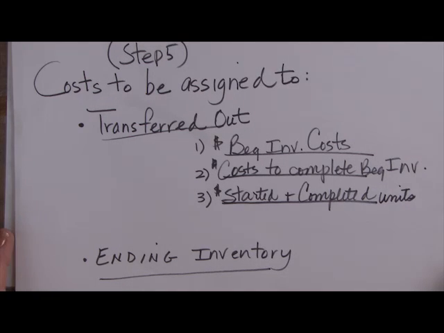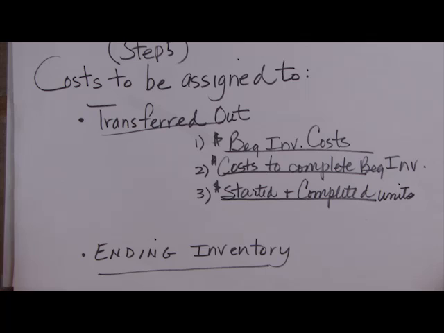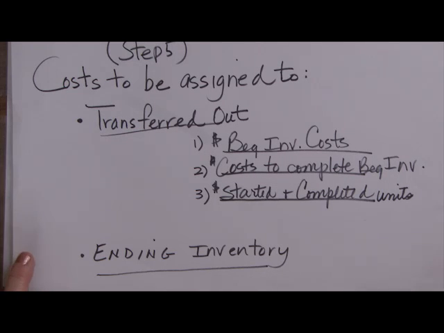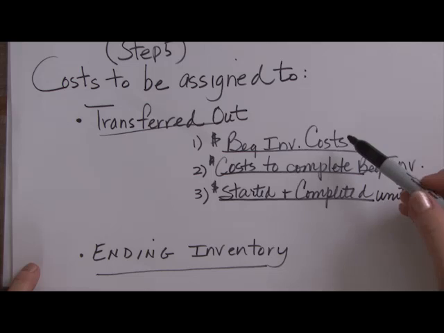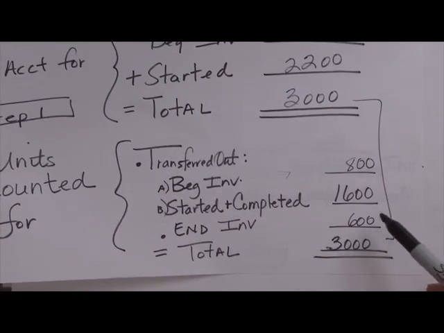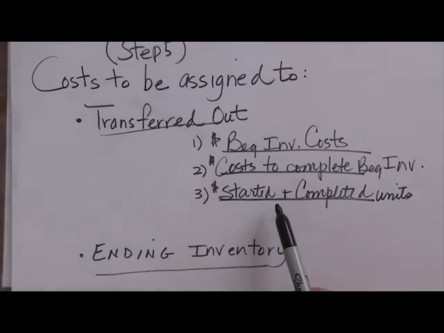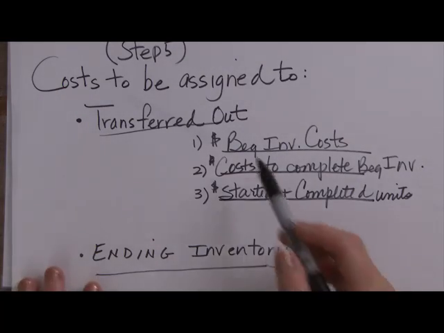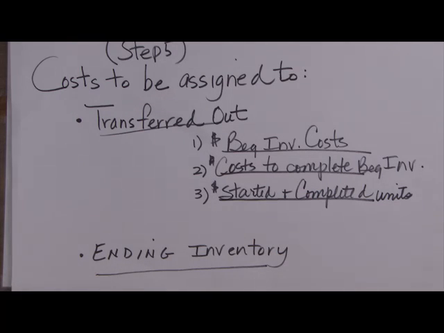So in essence, this is a bit more complex than weighted average because the transferred out would include the costs that were already attached to the beginning inventory and the cost this period to finish that beginning inventory and the cost to start and complete the number of units that we calculated in our first step. Let's go back and look and see what that was. It was 1,600 units. So the cost of doing the start and the completion of those units gets assigned to transferred out as well.